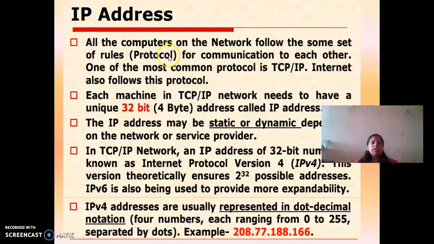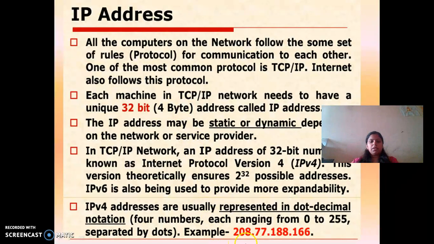Now, as soon as we connect to the internet, we will be connecting through an ISP. ISP is nothing but Internet Service Provider. The service provider will assign an ID called an IP address to the computer. The internet follows a protocol called TCP/IP, and in TCP/IP every machine in this network should have an IP address that will be of 4 bytes.